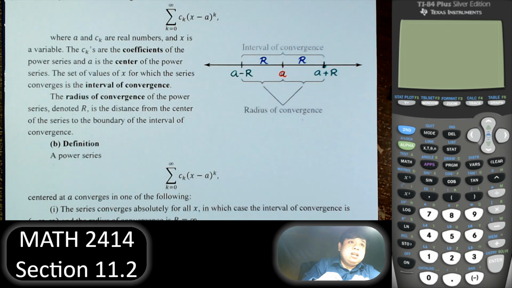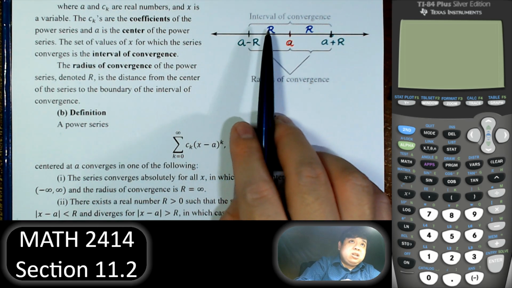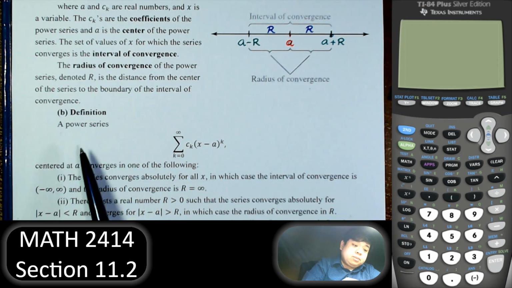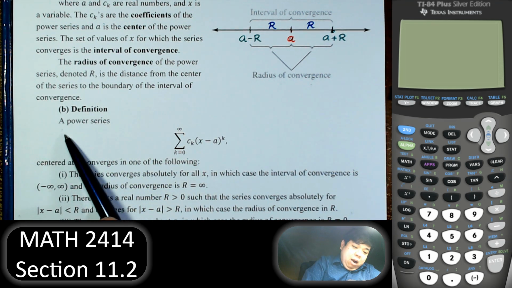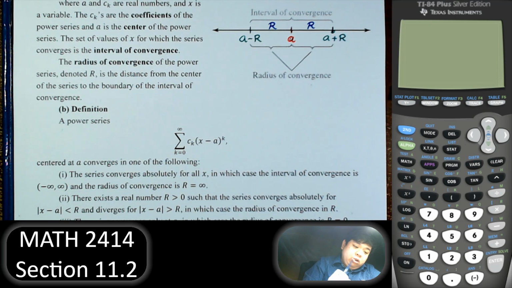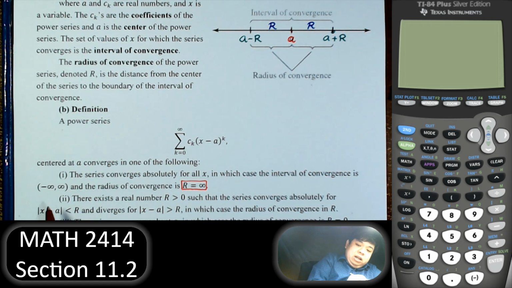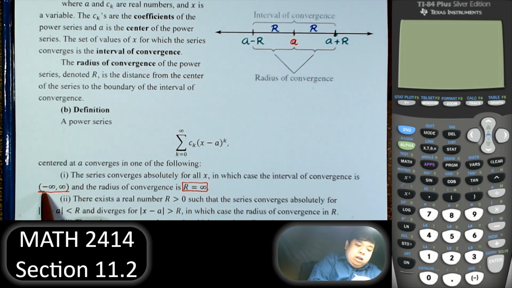In the next case, there will be 3 scenarios for the radius of convergence. Right, power series, same condition as before. So there will be 3 cases for the radius of convergence. Case number 1, the radius of convergence is equal to infinity, meaning that the interval of convergence is all real numbers.